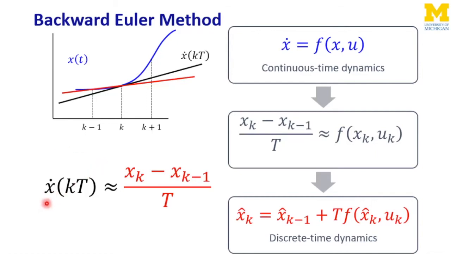So the x dot is approximated by x k minus x k minus 1 over the sampling period. Using this approximation, we can write the discrete time dynamics shown here. Now note that x hat k actually appears on both the left-hand side and the right-hand side. So we have to do a little bit more work to get the right discrete time system using the backward Euler method.